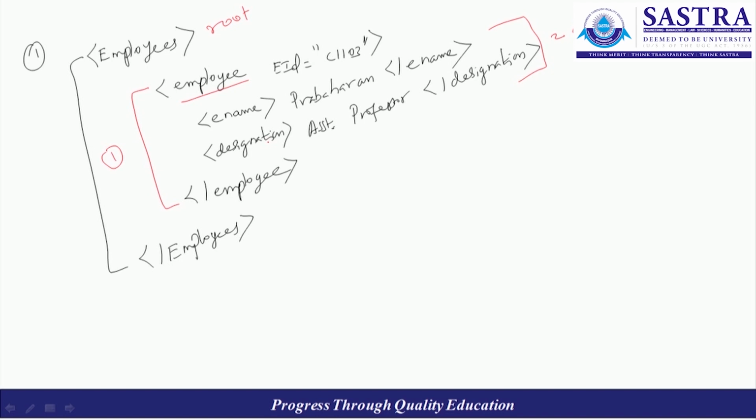Now, the employees root tag has a child element, and the one and only child element we have for employees is employee, which does not have any text, but it has two child elements, 1 and 2.